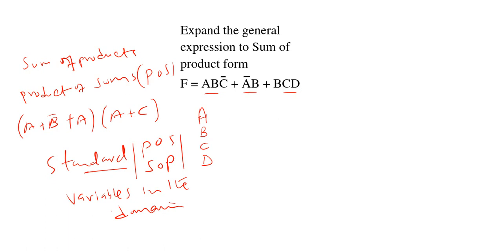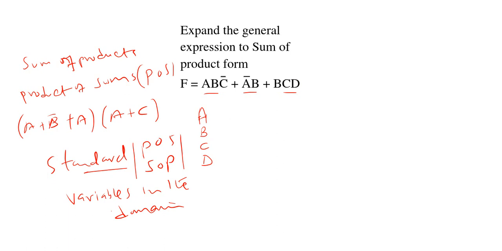So every term in this expression should contain the four variables. If we consider this one, we should see A, B, C, and D inside it. We should also see A, B, C, D here, and lastly we have to see A, B, C, D in the other one.